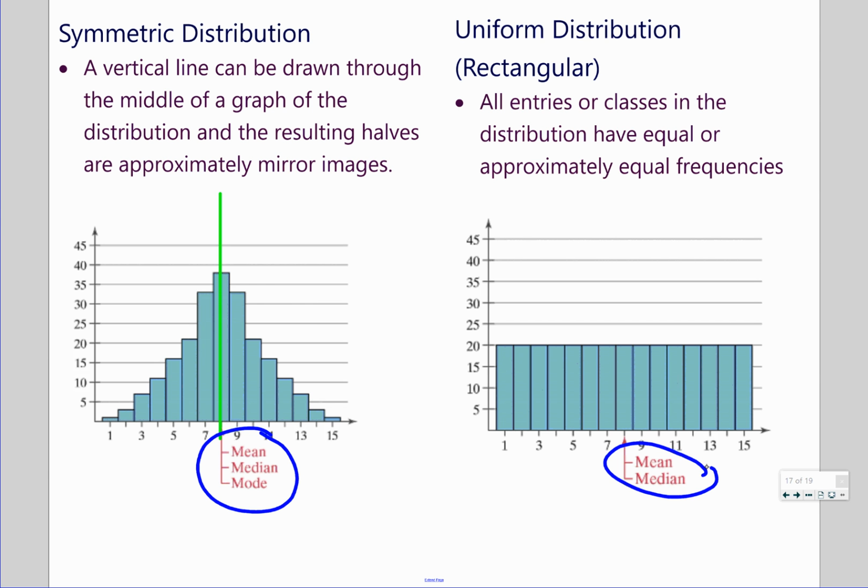We don't have one data value that stands out a whole lot more than the other ones. So that's also a clue that you would have a uniform distribution. If you don't have a mode, or maybe you have a lot of modes, like if you have 7 modes, it might be a uniform distribution. Okay, so symmetric, same on both sides, mirror image. Uniform is rectangular, straight across.